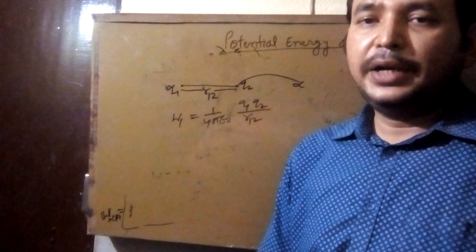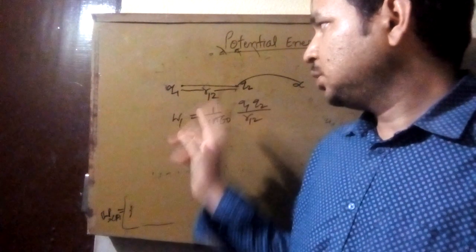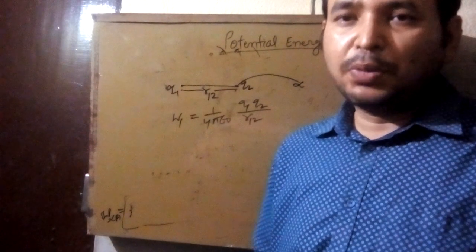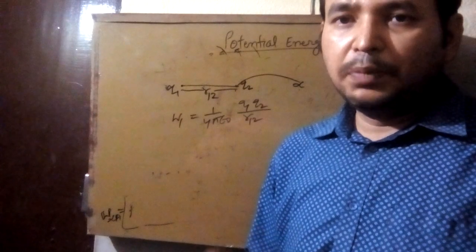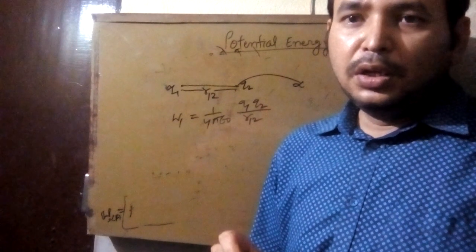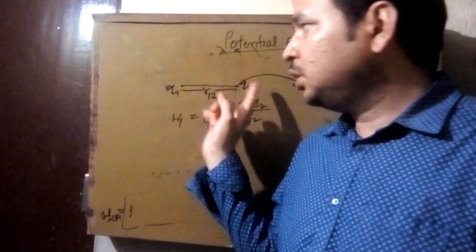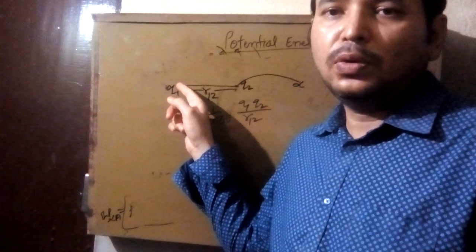Suppose, students, that first there is some space where Q1 is brought. When a single charge is brought, it is brought in a space where there is no electric field. If Q1 is brought from infinity to this point, we have to do no work.